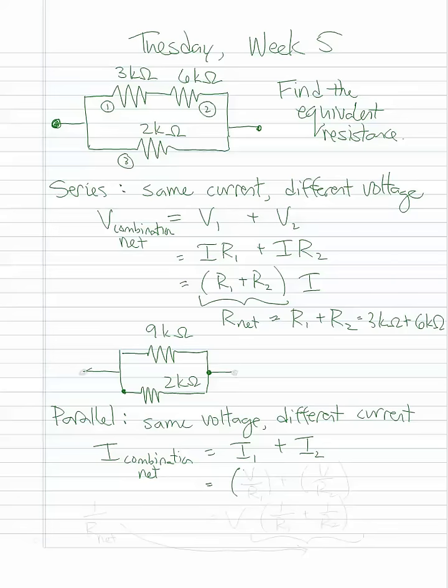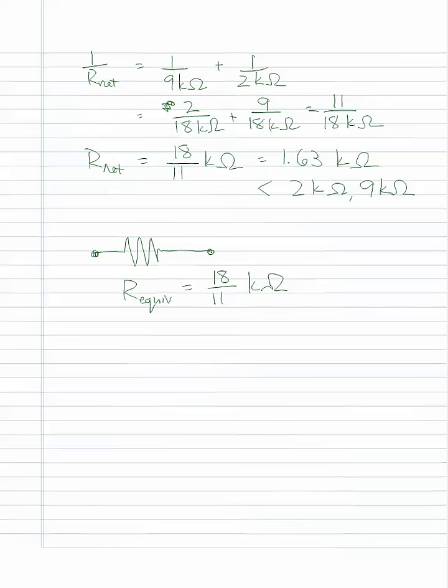So we have V over R plus V over R. And that means that if I pull out the common voltage that they have, 1 over R1 plus 1 over R2. And once we've done this once, we usually remember that this thing must be, therefore, 1 over R net.